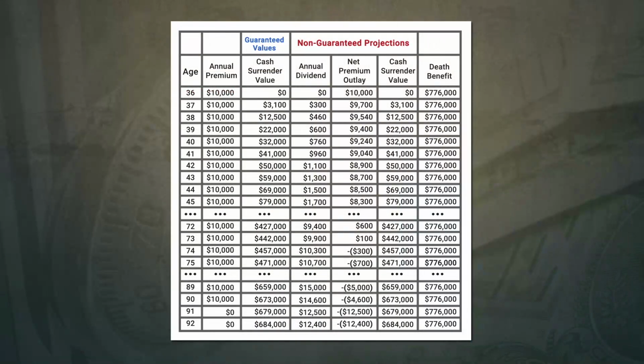Now notice, drawing your attention to age 92 here, notice that the cash surrender value has continued to grow, and in fact, it's up to $684,000 by age 92.